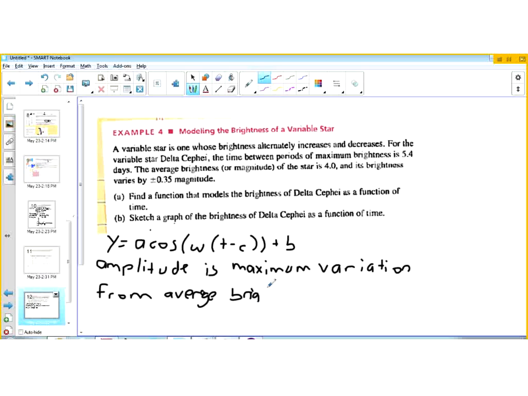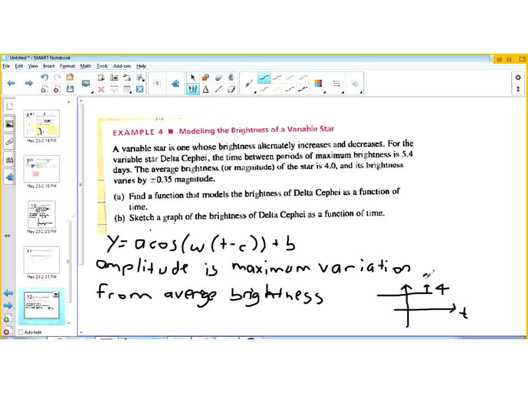Average brightness. Okay, so the average brightness is 4.